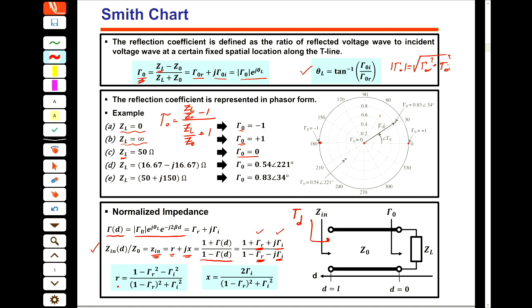And then I understand that R is coming from this formula and X is coming from this formula. R plus jX equals this. I try to equalize the real part and imaginary part. Clear?